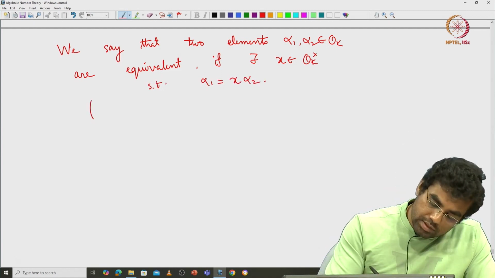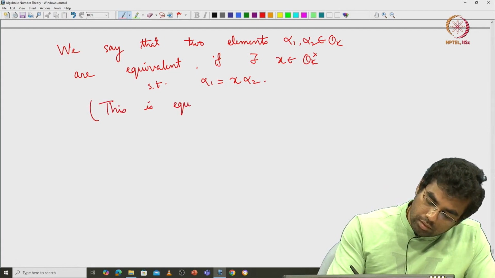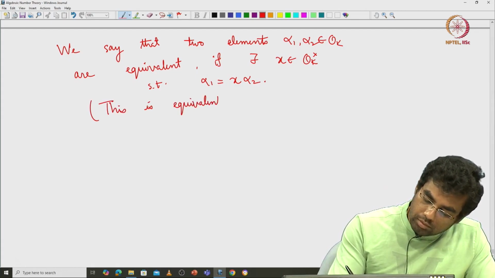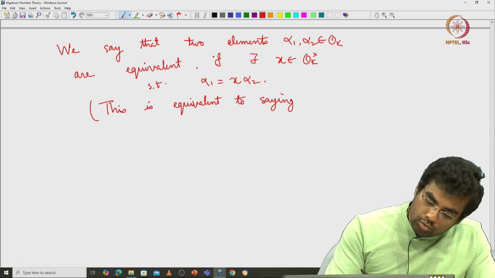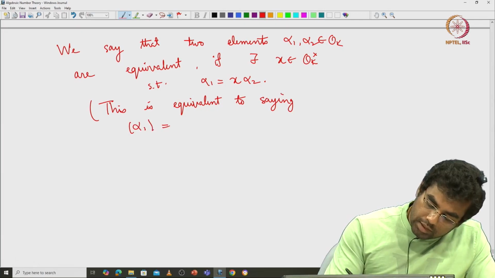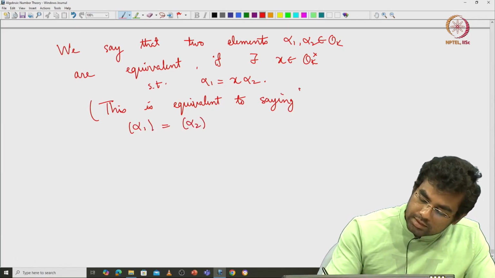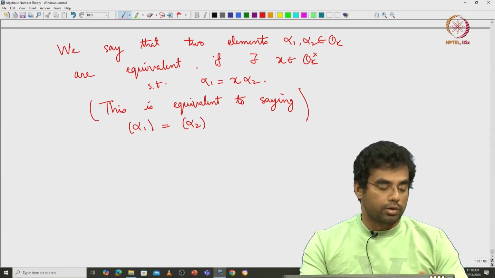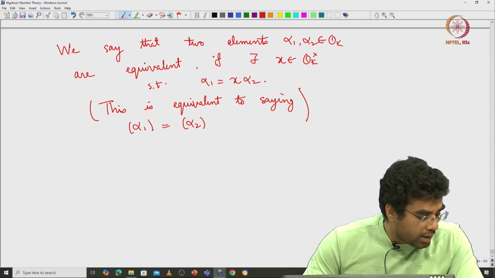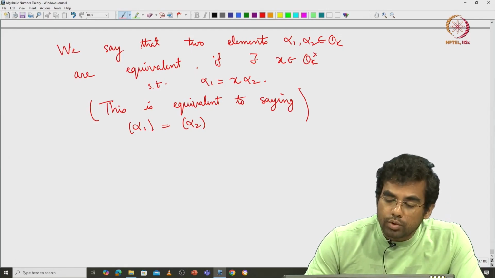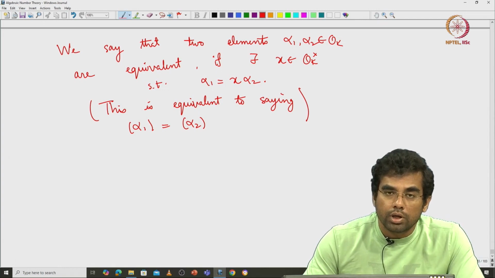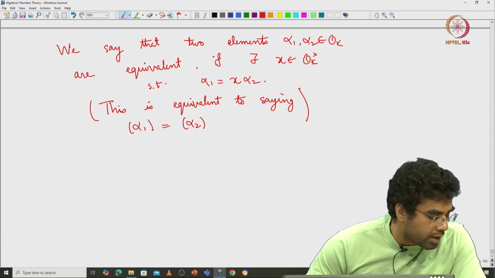So, this is equivalent to saying that the two ideals are equal: the ideal generated by alpha 1 is the same as the ideal generated by alpha 2. If that happens, then they will differ by a unit. So, two elements in O_K are equivalent if they differ by a unit.